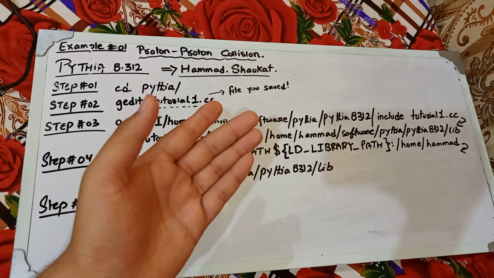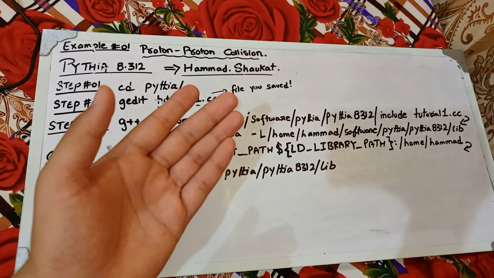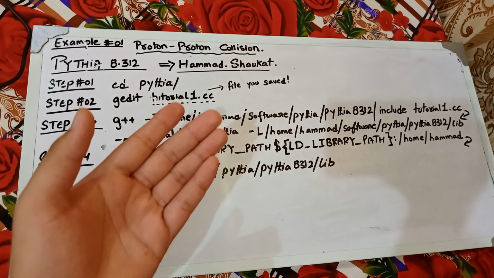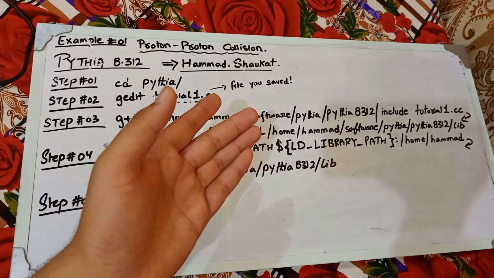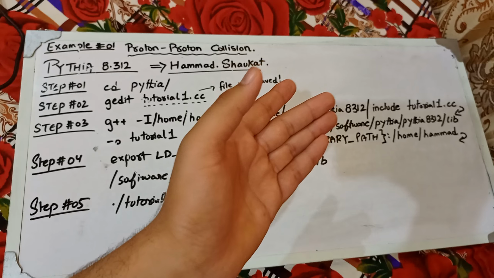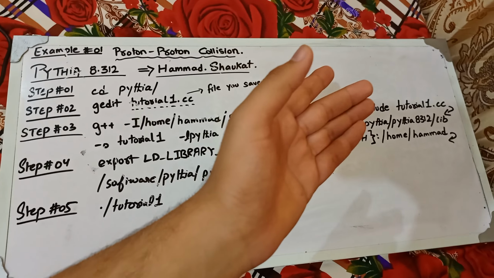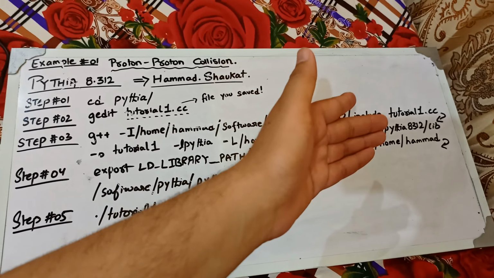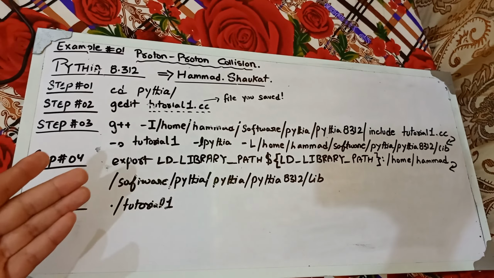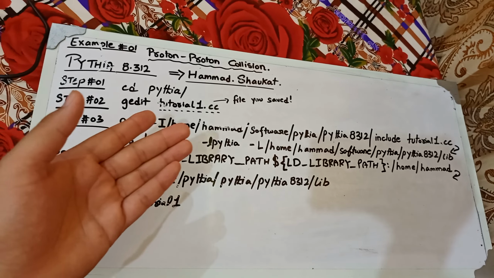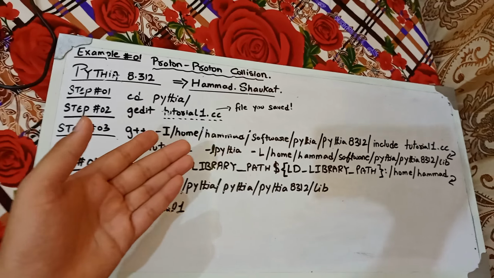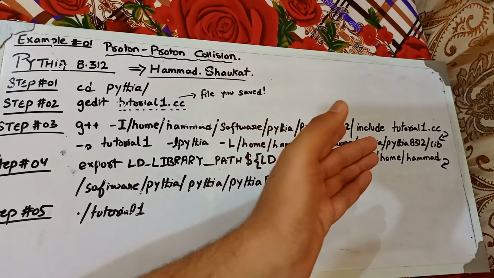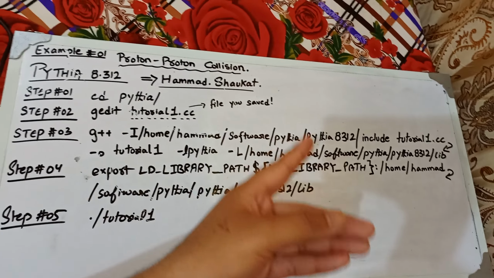And software, as I already told you, first make a software directory and put all the installation media inside it. Then go into Pythia, further into Pythia 312, then the include section, then the name of your folder. If you use some other name, this should be changed. For the output, tutorial1, and you can see -lpythia8, and all the way just copy and paste the upper part here again.